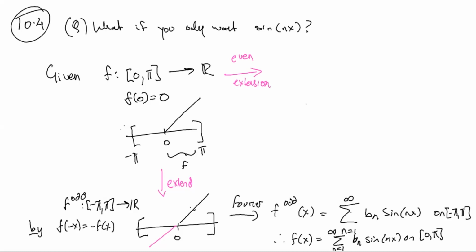The Fourier coefficients of the extension give you the coefficients in the sine series for the original function. Similarly, you can do the same thing to express it as a sum of cosines. There are a few homework problems here that you can do. This is not a deep thing, just a little embellishment.